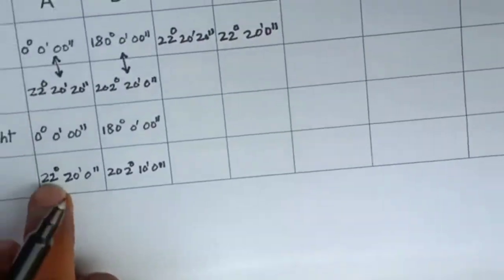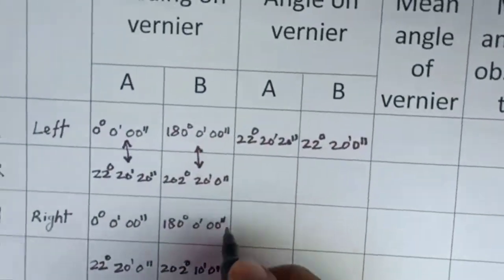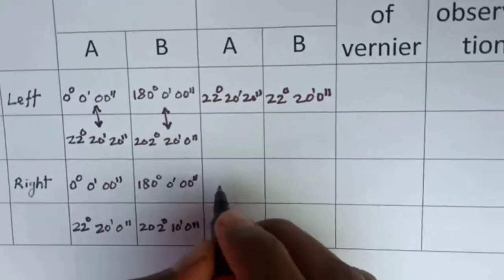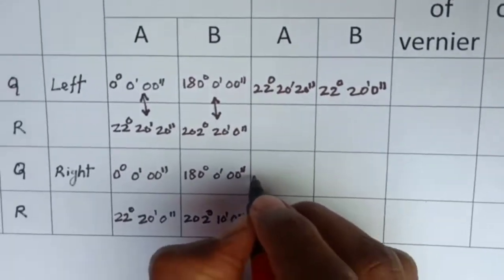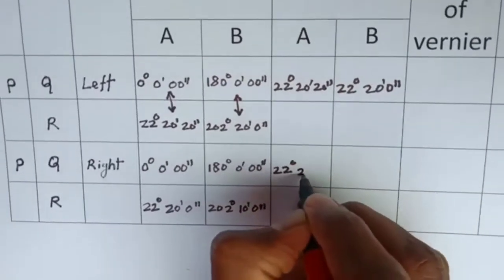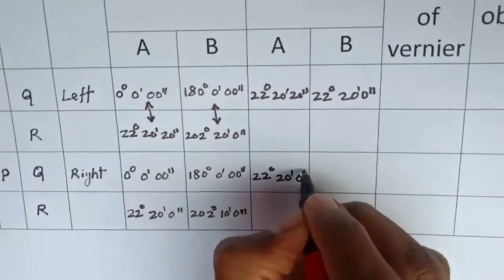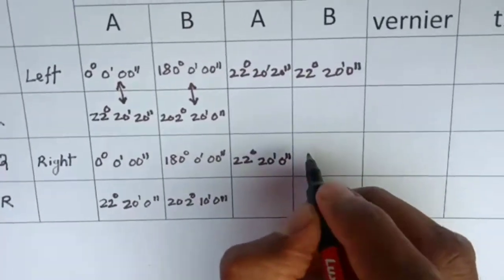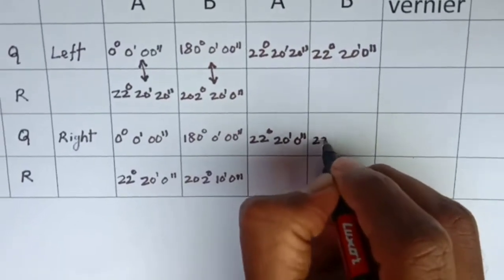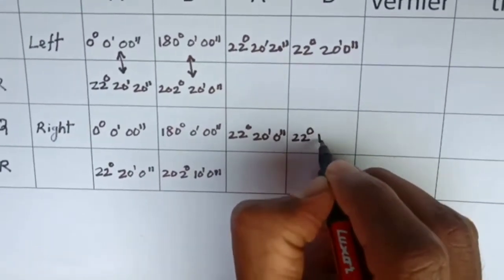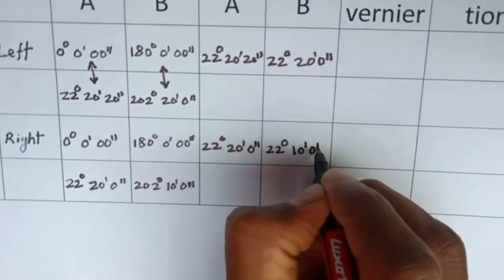Same here for face right. The answer for face right: angle on vernier A is 22 degree, 20 minute, 0 second, and for vernier B 22 degree, 10 minute, 0 second.